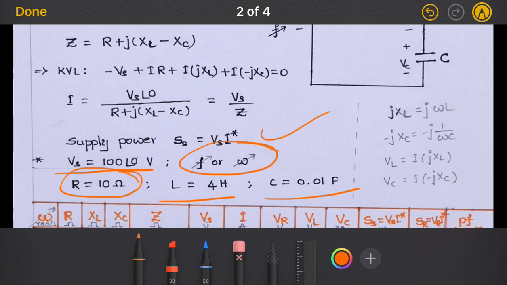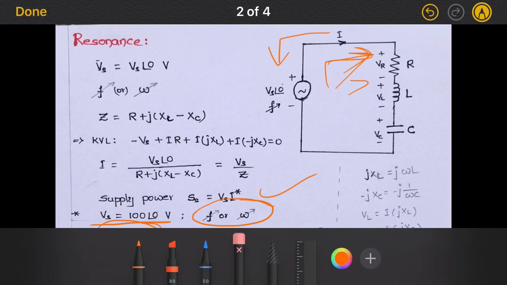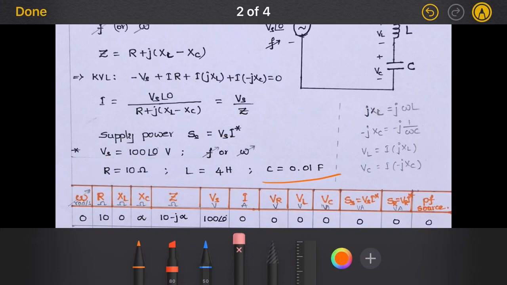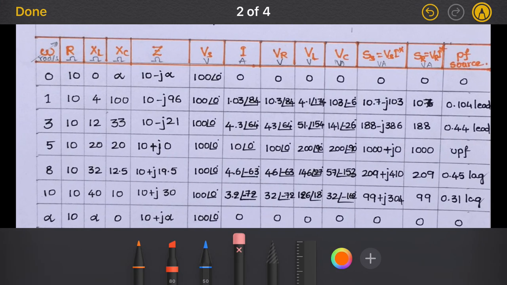We are using these numerical values to analyze this particular circuit, and we are calculating the different parameters for it.